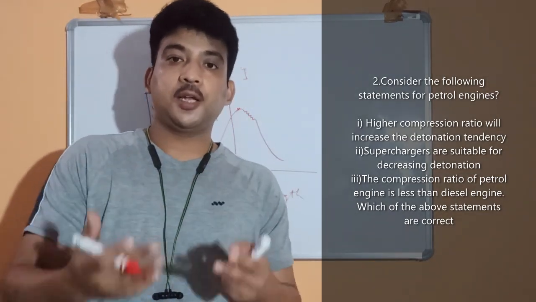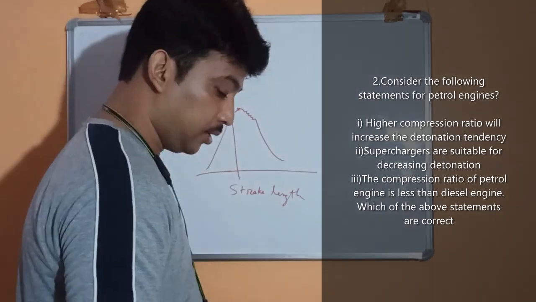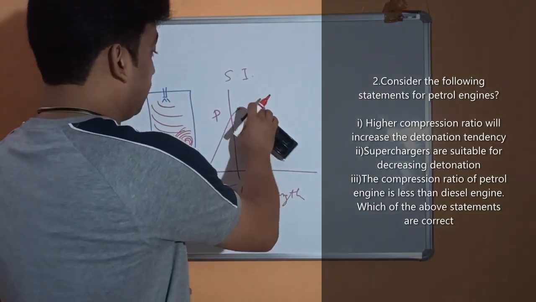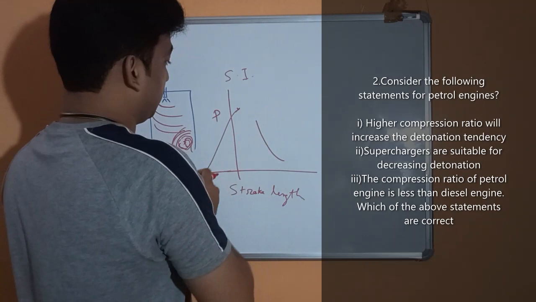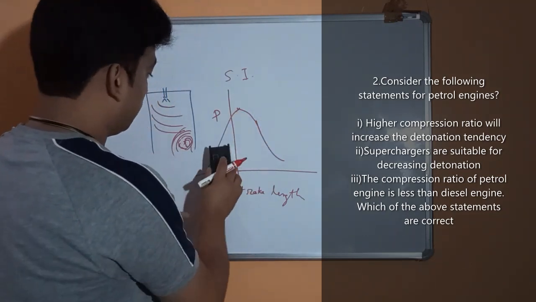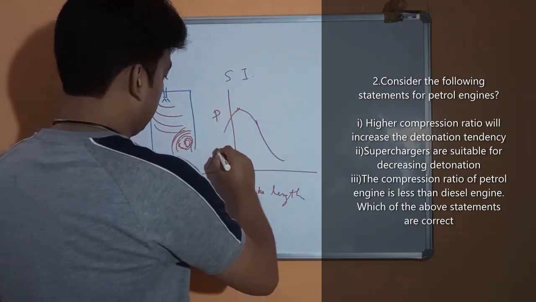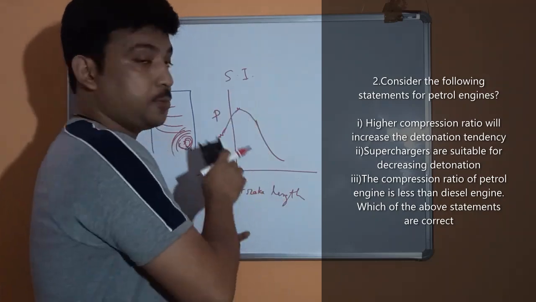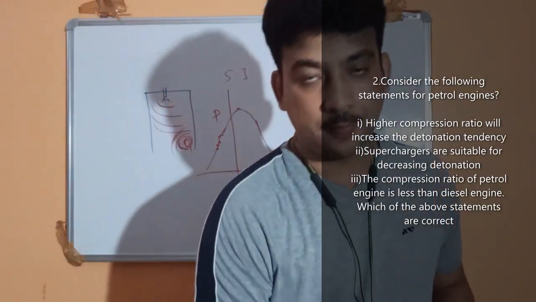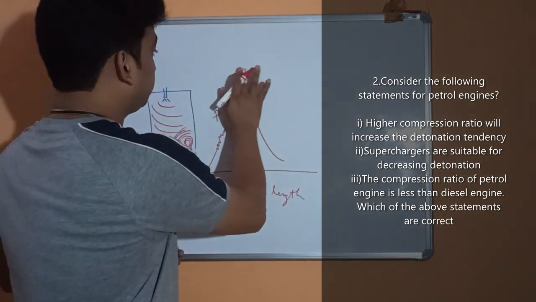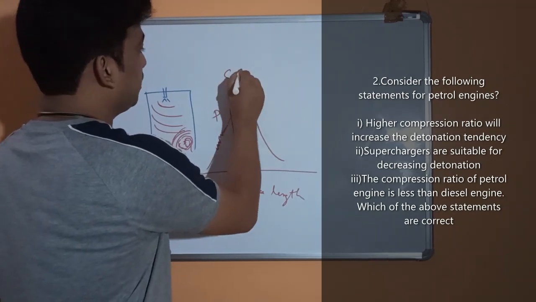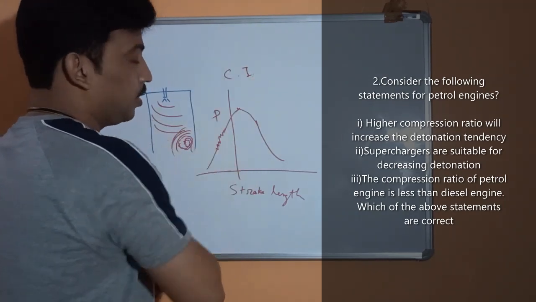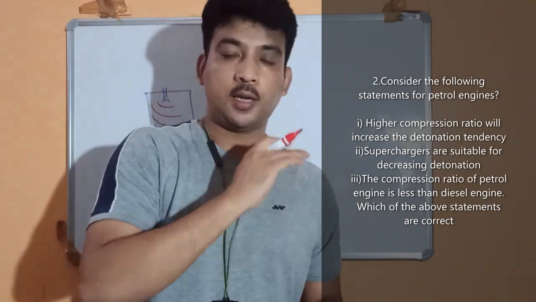But that is opposite in the case of a diesel engine. In a diesel engine, knocking occurs before the ignition, somewhere over here. This period is called the ignition delay period. In a diesel or CI engine, the knocking occurs before the ignition, in the ignition delay period.